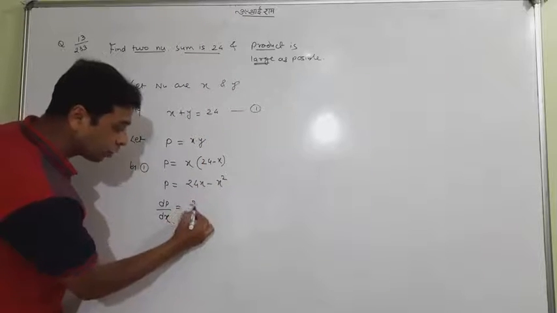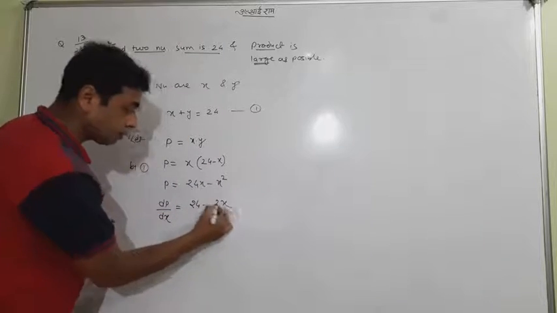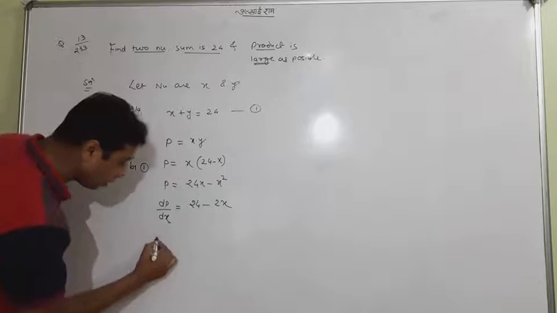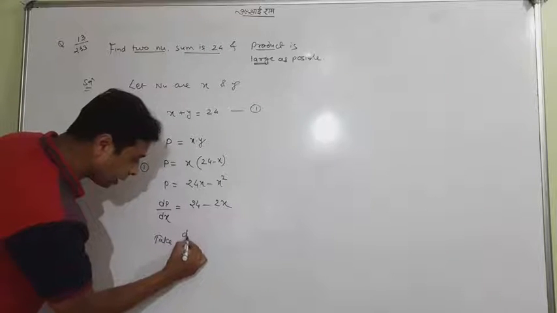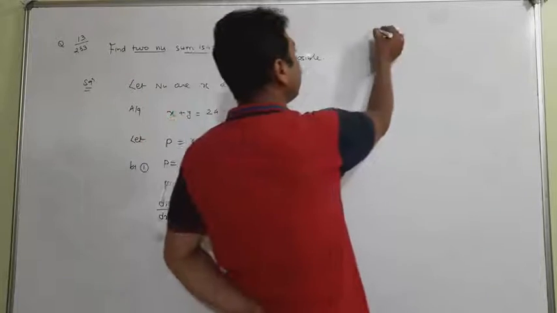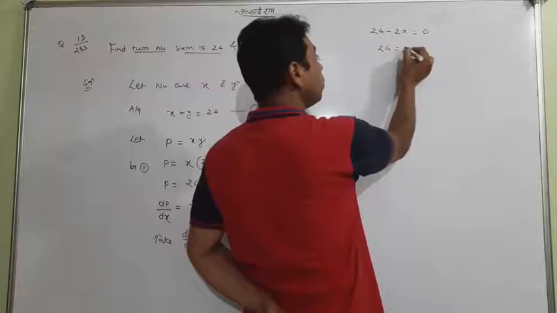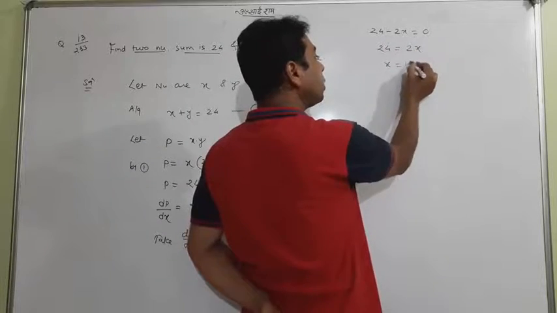Do the differentiation: 24x has a differentiation of 1, x square is 2x. Now, as usual, taking dP by dx equal to 0, 24 minus 2x is equal to 0, 24 equals 2x. So I got x equal to 12.